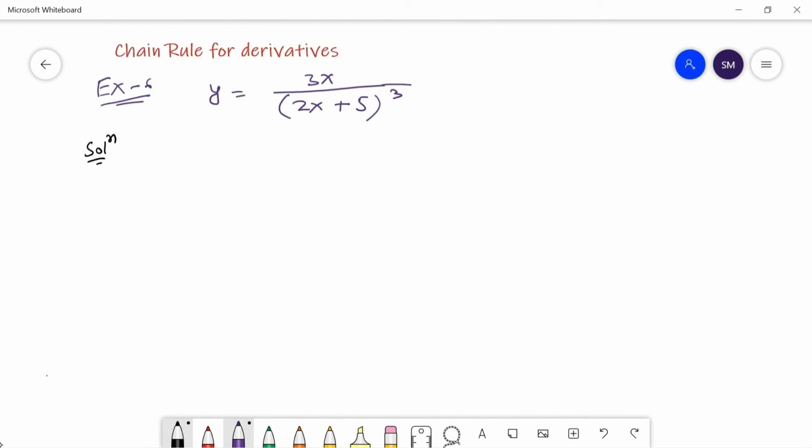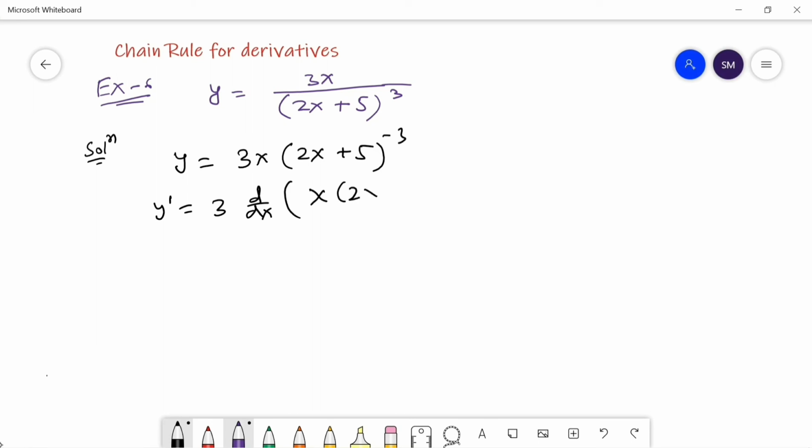Method 2 we are going to solve it by rewriting. So y can be written as 3x and 2x plus 5 to the power minus 3. Then using the product rule we have y dash is equal to 3 can be taken out, d/dx of x, 2x plus 5 to the power minus 3.